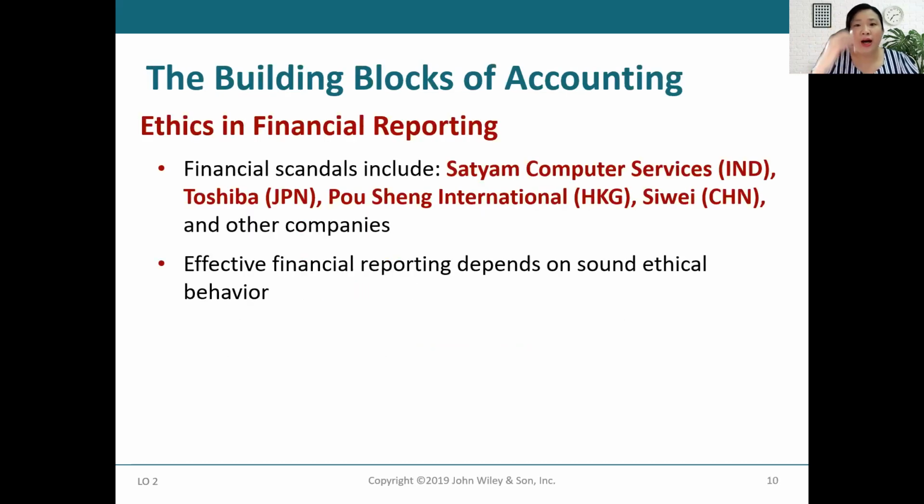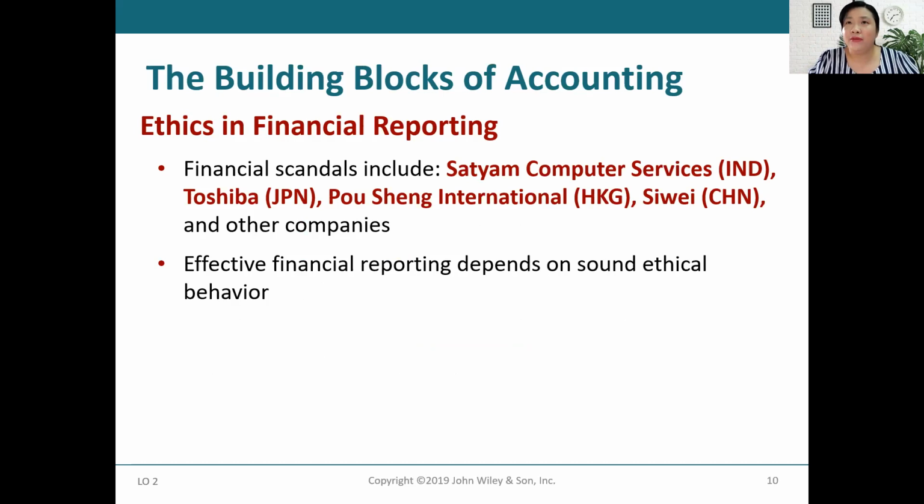Now, there are a lot of ethics in financial reporting, because if the accountants did not follow the standards or the principles of accounting, then there would be some financial scandals.